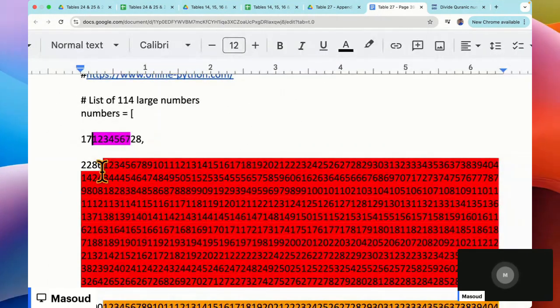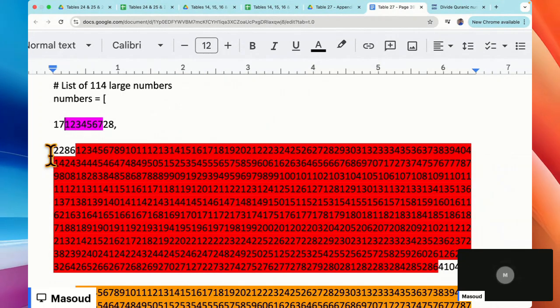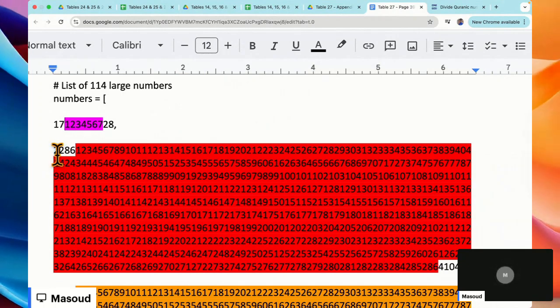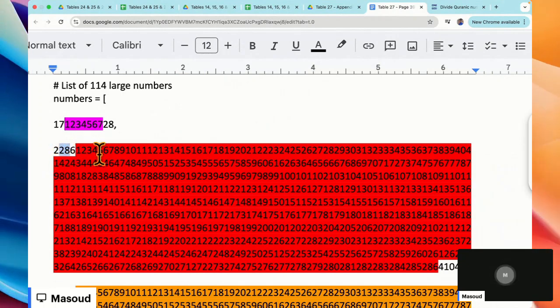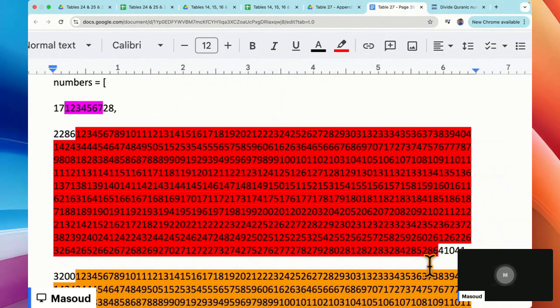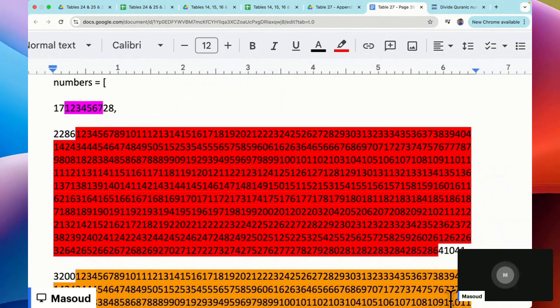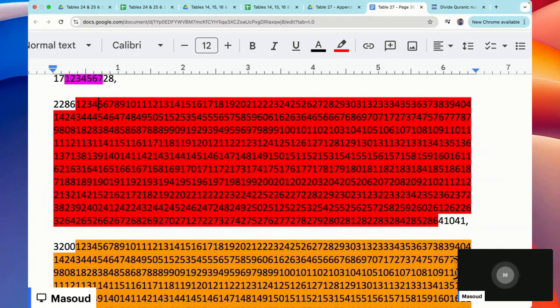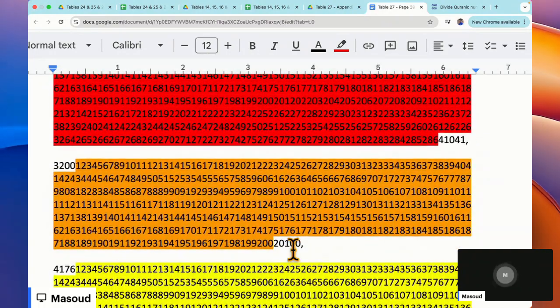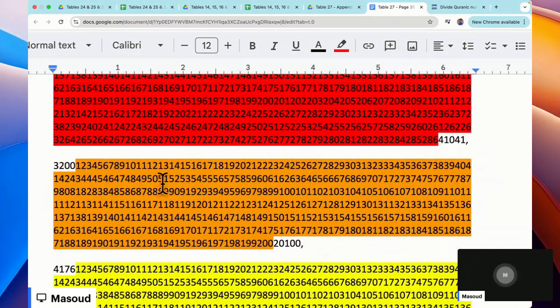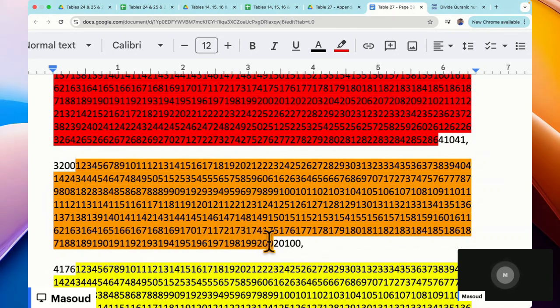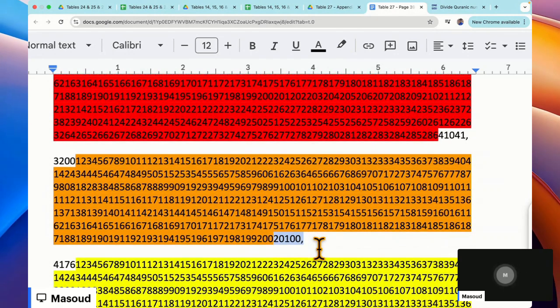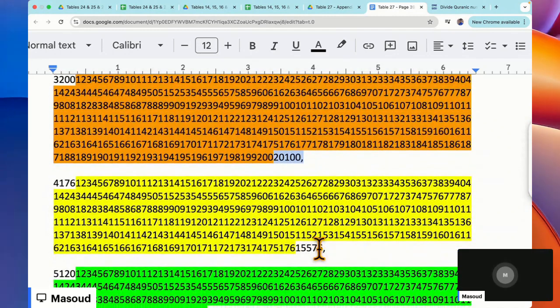Now do this for every single surah in the Quran. Chapter 2, 286, all the 286 verses one by one, and then the sum of the verse numbers, 41,041. Chapter 3, 200 verse numbers, all the 200 verse numbers individually, and then the sum of the verses, 20,100.